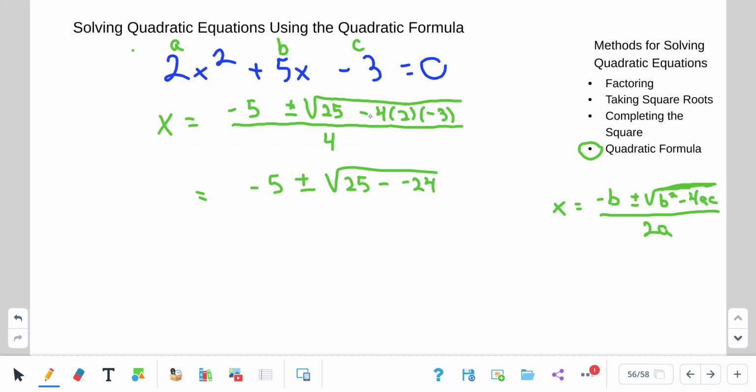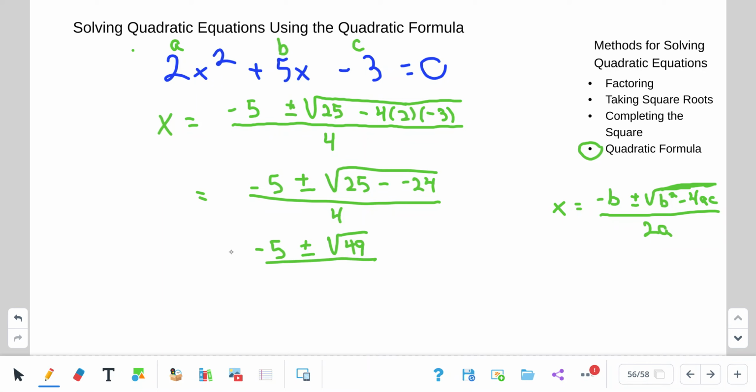Sometimes people call this a negative 4, but they've already used that as a subtraction, so you can't use it twice. I wrote it as a minus, so I can't use it again here. So 4 times 2 times negative 3 is negative 24. That's still all over 4. And then 25 minus negative 24 is the same thing as 25 plus 24. And that is 49.